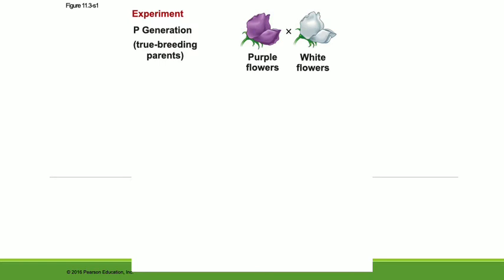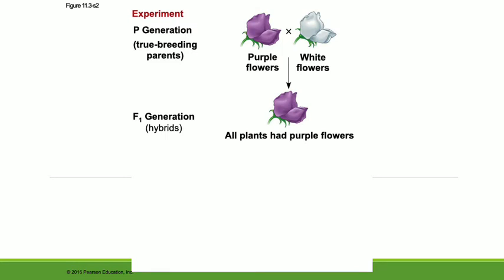When they started growing and maturing, he noticed that 100% of the offspring of that cross produced purple flowers. They weren't light purple or purple with white dots or some sort of in-between color, diluted or pale.